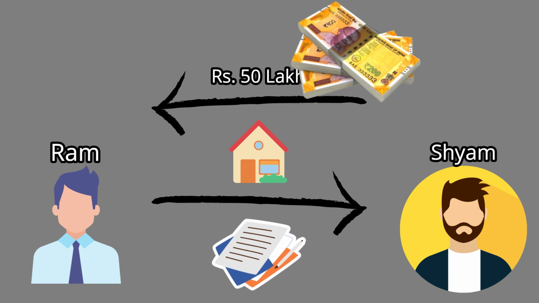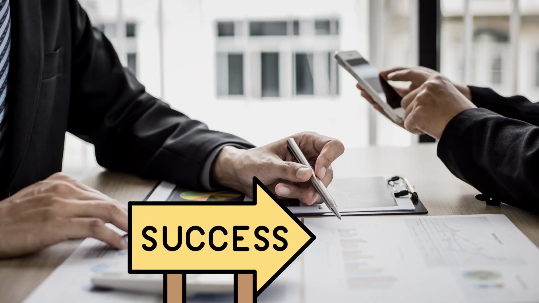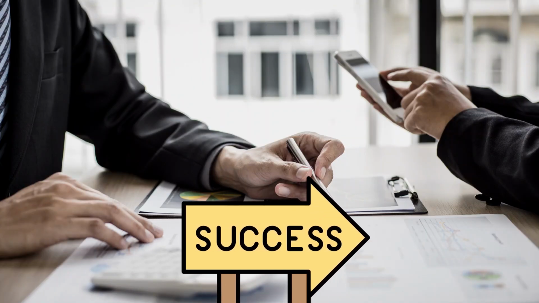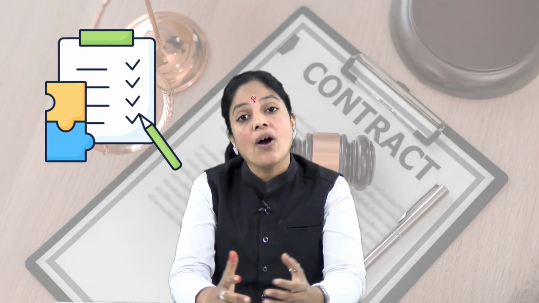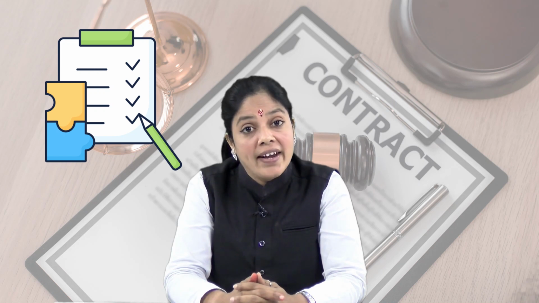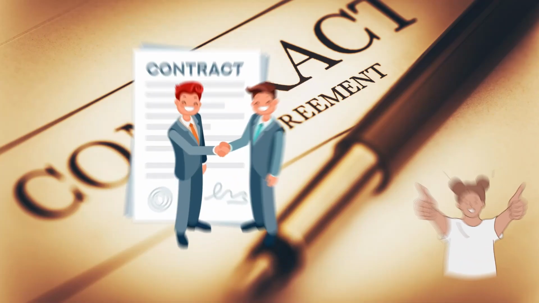Both the parties, Ram and Sham, have performed their contractual obligation. Now the contract is performed successfully and both the parties are relieved from their contractual obligation. The contract has come to an end in a positive manner.